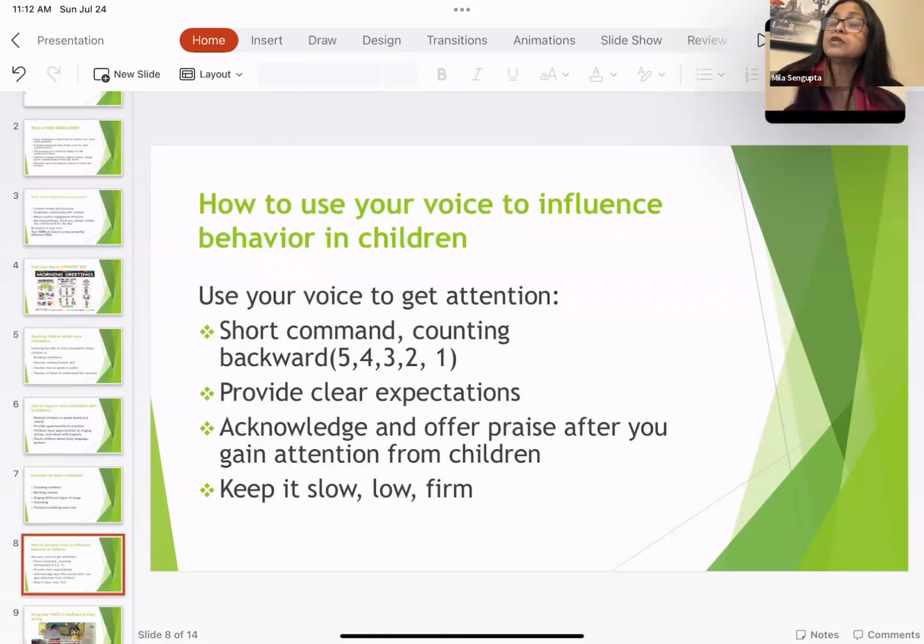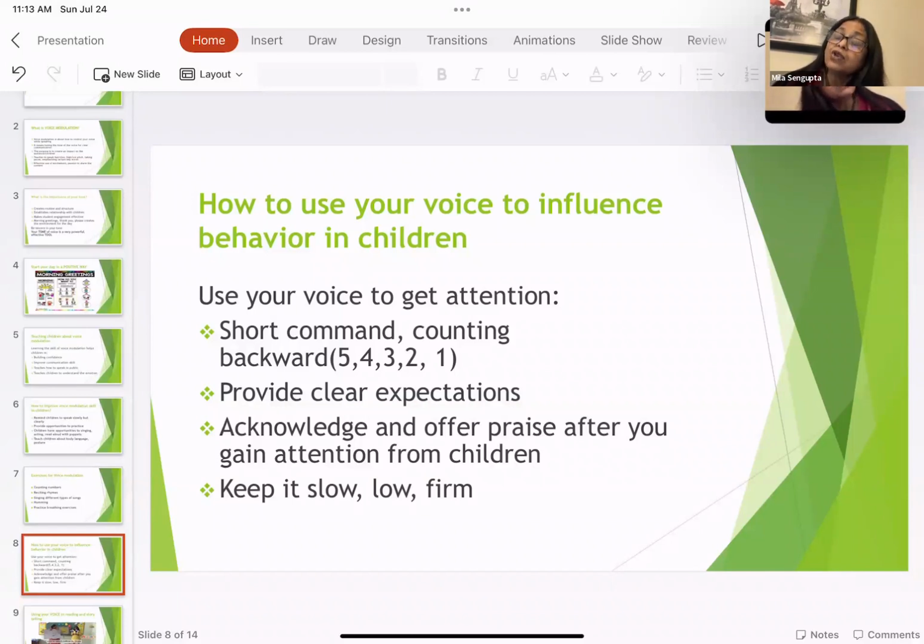Acknowledge and offer specific praise. So if you find a child or children doing something like what they're expected to do or following the rules effectively, after you got their attention, always acknowledge that positive behavior, and always offer specific praise, meaning tell them why they have done a good job.